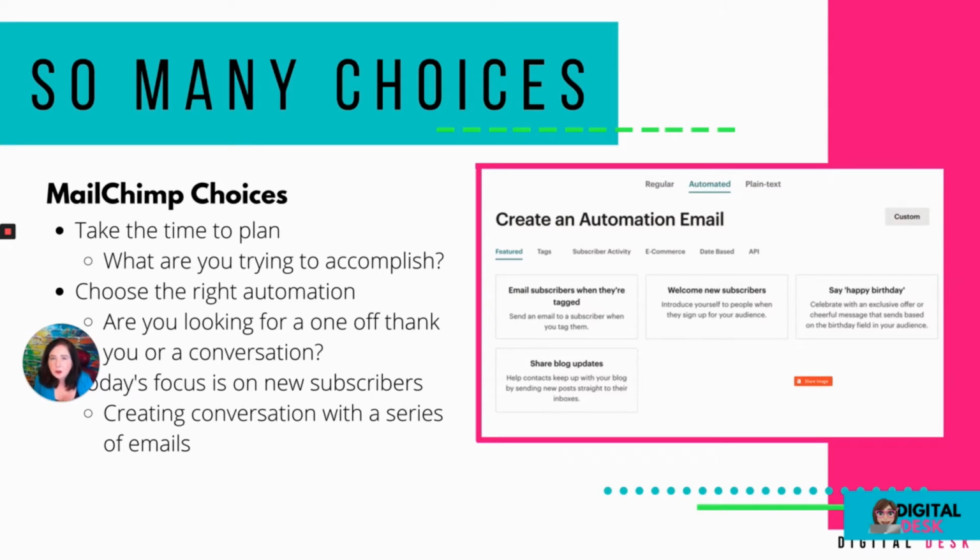If you are uploading names of people who don't know that they're going to be a part of your audience, that's a big no-no. And you could get in trouble not only from MailChimp, but from the government, because there are rules about that. So really, the people that are in your audience are people who have chosen to be in that audience.